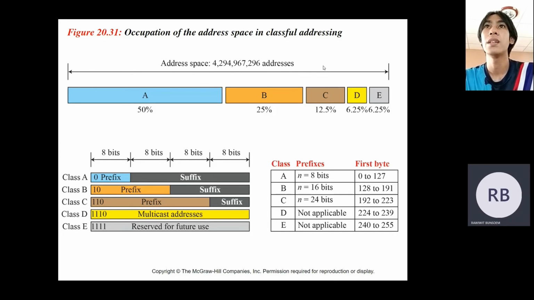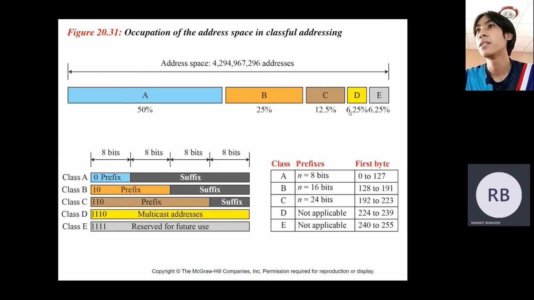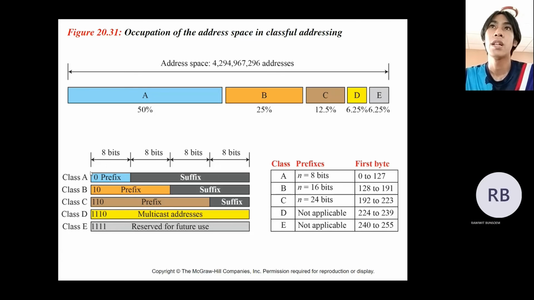Following the picture, class A is 50%, B is 25%, C is 12.5%, D is 6.25%, and E is 6.25%.